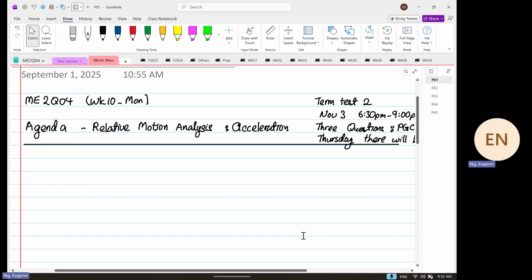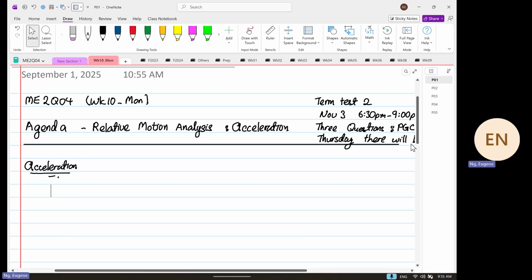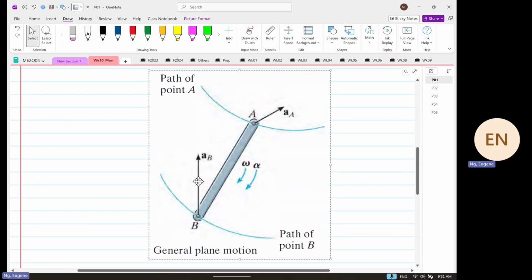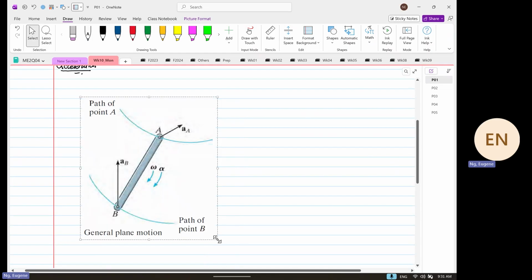Right, so we are going to go into acceleration. It's not any more difficult, it's just a bit more tedious. So if we have 2 points on a rigid body, as the image shows down here, we will have this image available on Avenue to Learn.